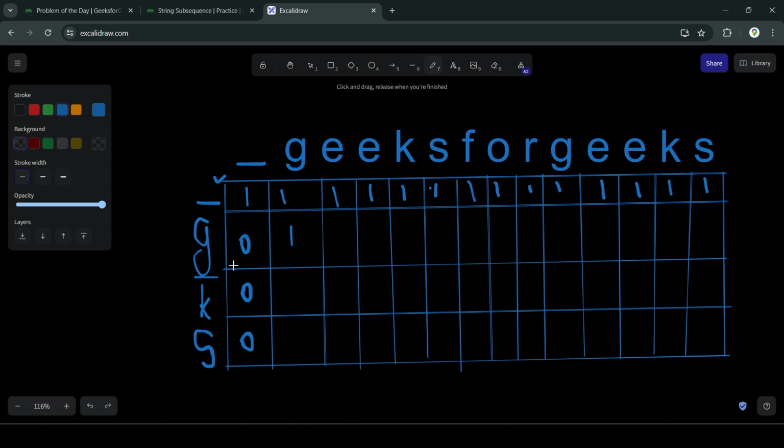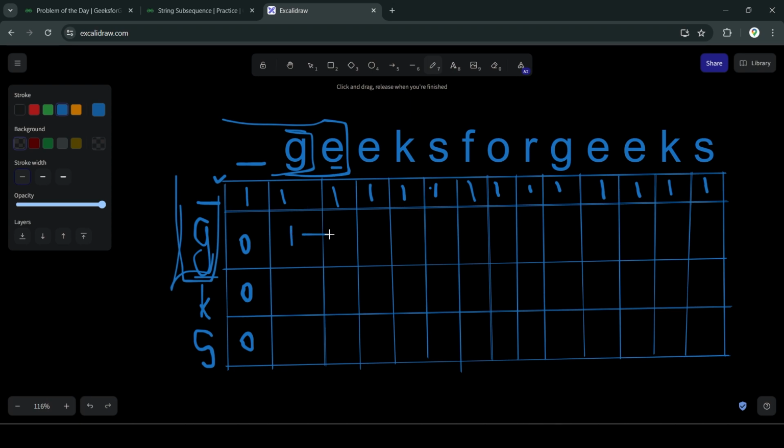Now see this part. What will be the answer here? Obviously, G and E are not matching, but we have G and G in the previous part. So already we have some valid points, that is one.